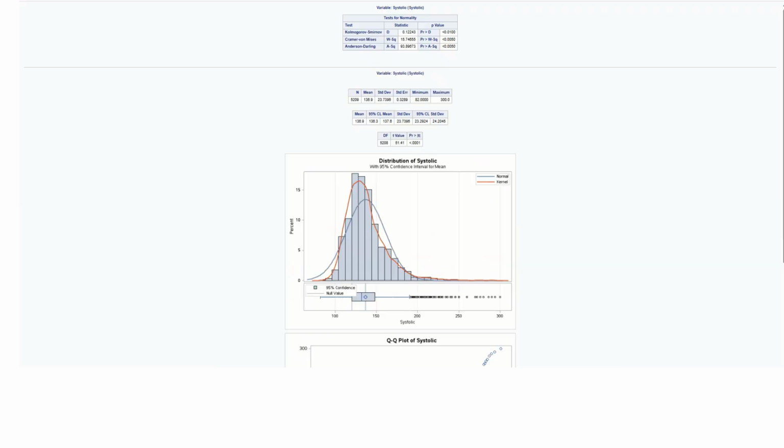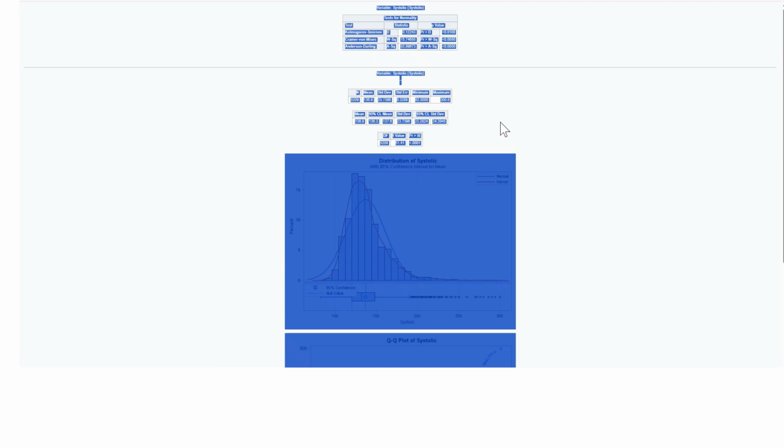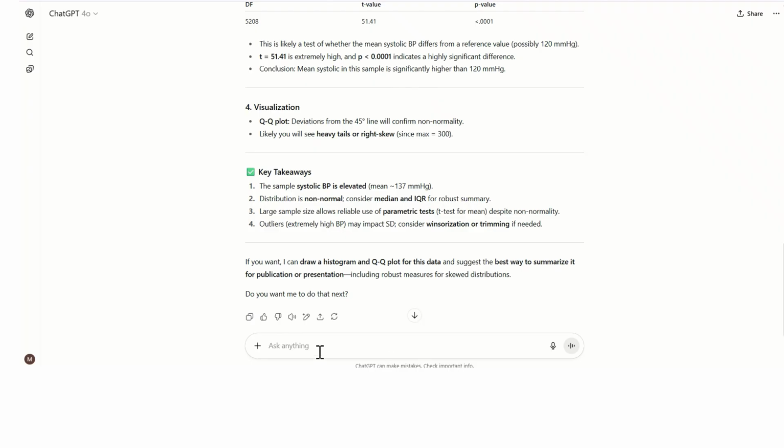When you copy and paste your results directly from SAS, for example, by Control A, Control C, and Control V, it does not automatically paste all the images or the visuals.